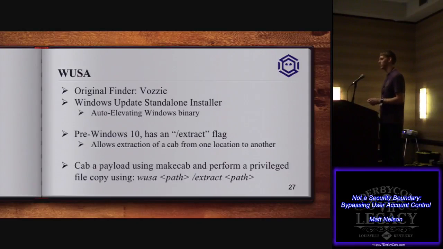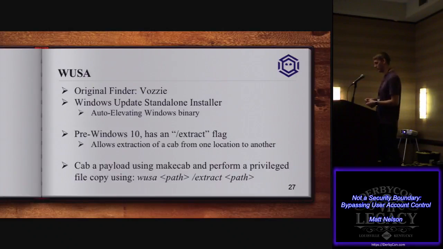I got a little tired of it, and that's kind of what stemmed some of the research in the last few months, particularly. Another researcher called Vozi used the same primitive of a privileged file copy in a different way. He removed the need to do injection. There's a built-in utility in Windows 7 and Windows 10 called WUSA, the Windows Update Standalone Installer.